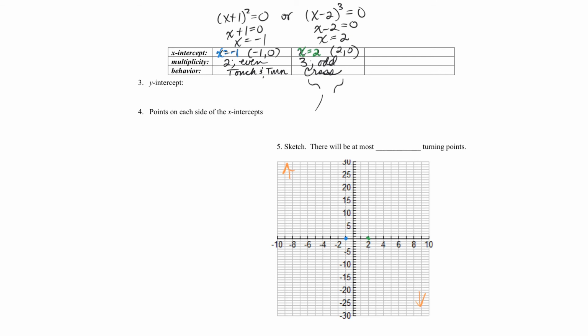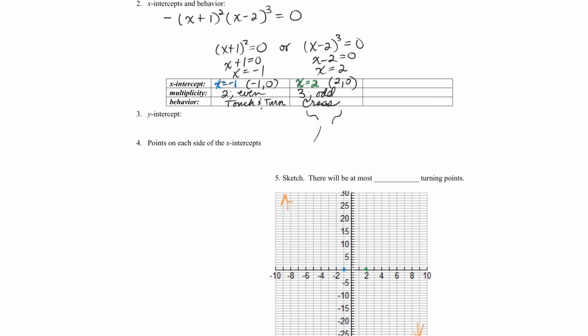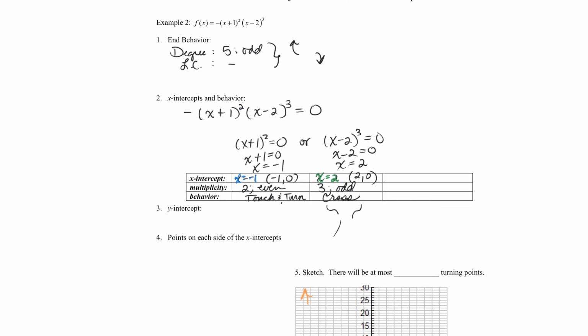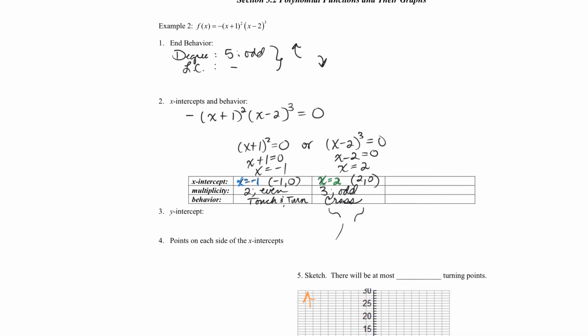So now, let's find our y-intercept. And because (0, 0) was not an x-intercept, we're not going to have a y-intercept of 0 this time. So f of 0 is equal to the opposite of (0 plus 1) squared times (0 minus 2) cubed. Be very careful here when you evaluate this. First, do what's inside the parentheses, right? So 0 plus 1 is 1, 0 minus 2 is negative 2.